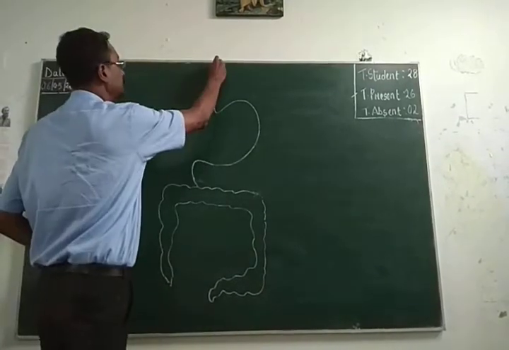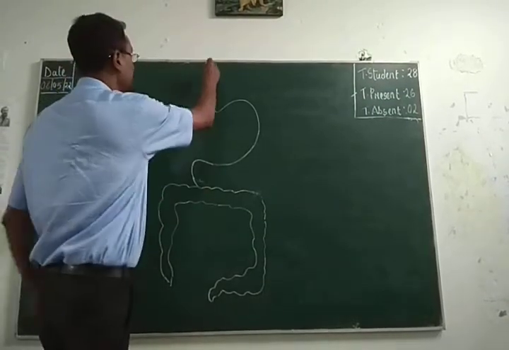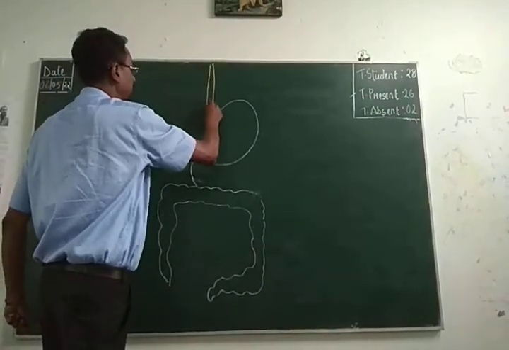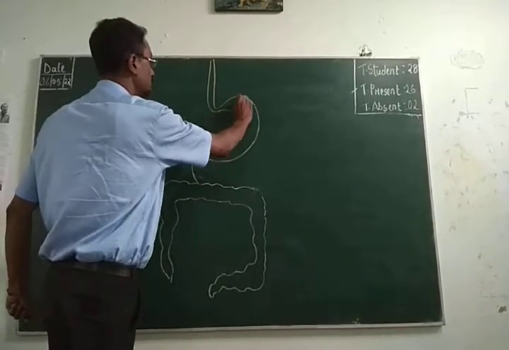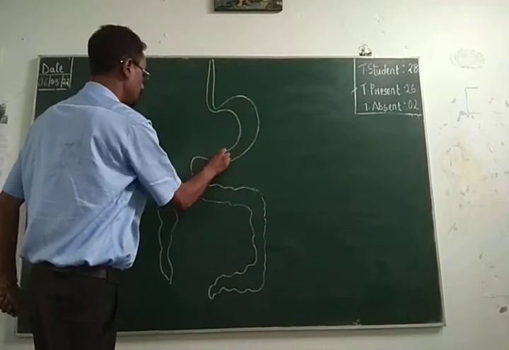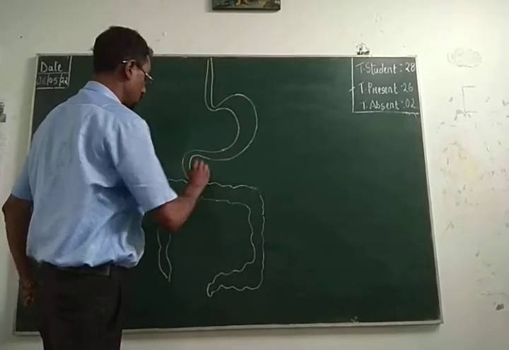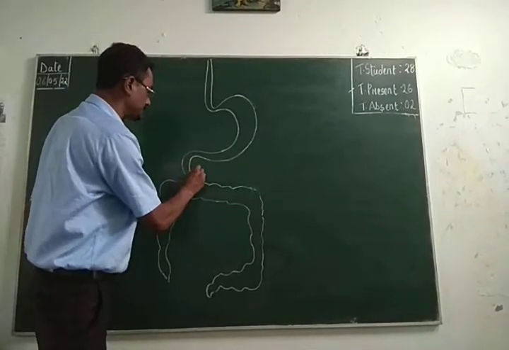Here, this is esophagus. We have discussed, so I am not putting stress there. So quickly we will be going for that. This is the stomach. Now here you are finding the organ pancreas.